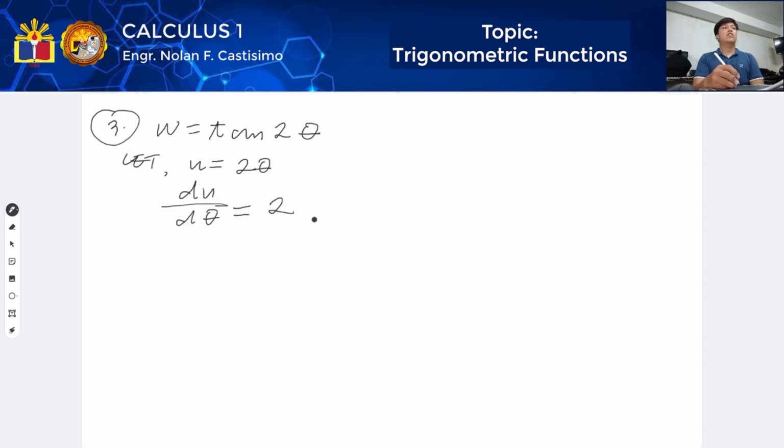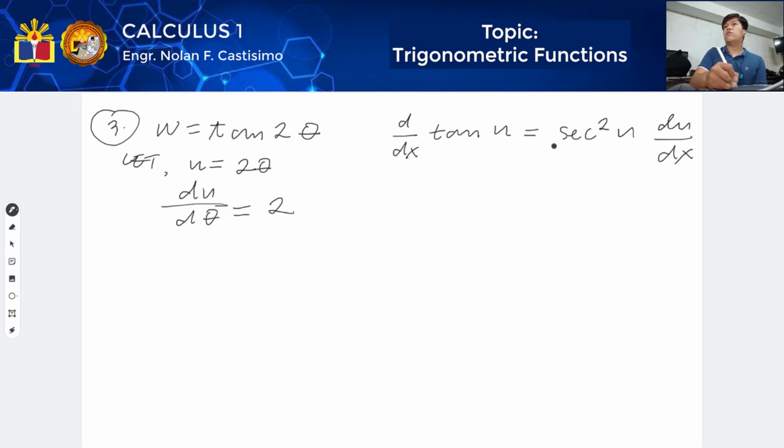Okay? So, ano gagamitin nating formula? Ito. d over dx tangent u is equivalent to secant square u du over dx. So, ito yung formula na gagamitin natin.